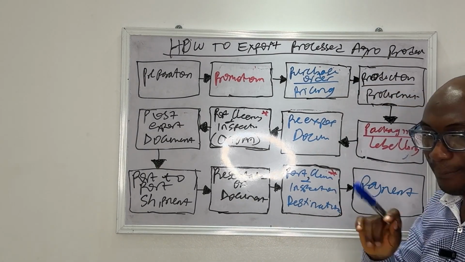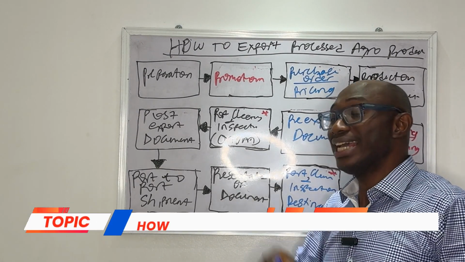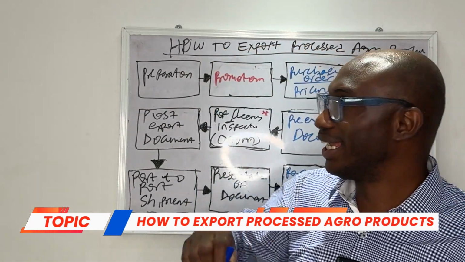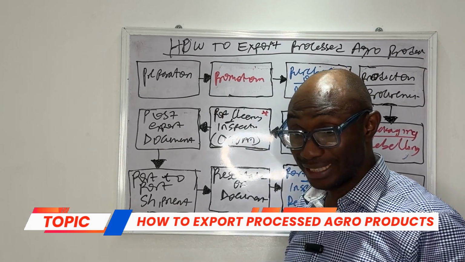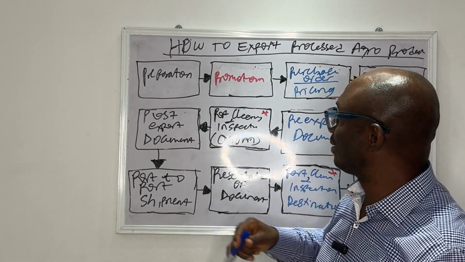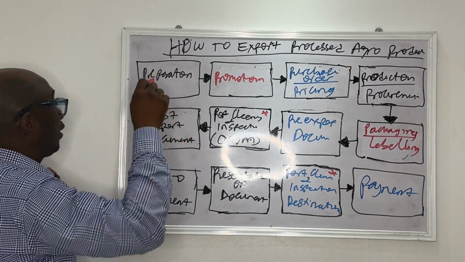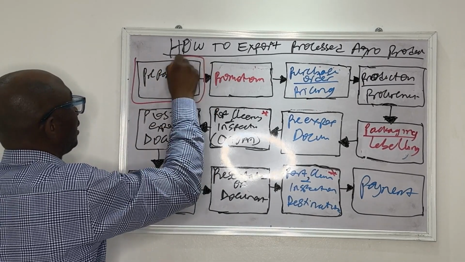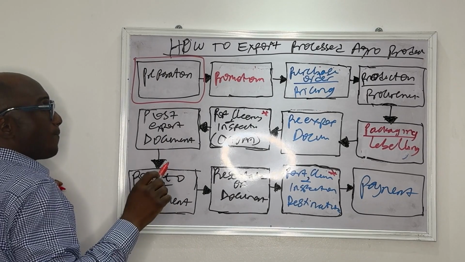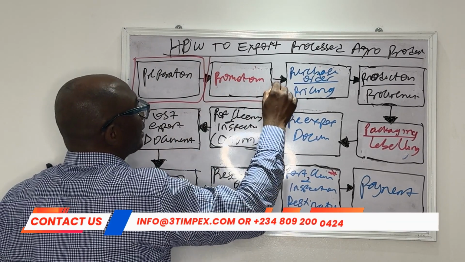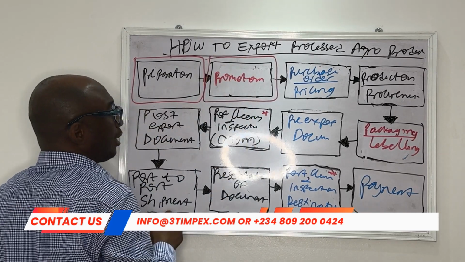I'm basically telling you that at any point in the course of doing your export business, you will either be at the point of preparation to get started, and if you are shipping for the first time, this phase is extremely important. If you are not shipping for the first time, these phases might not be required all the time.